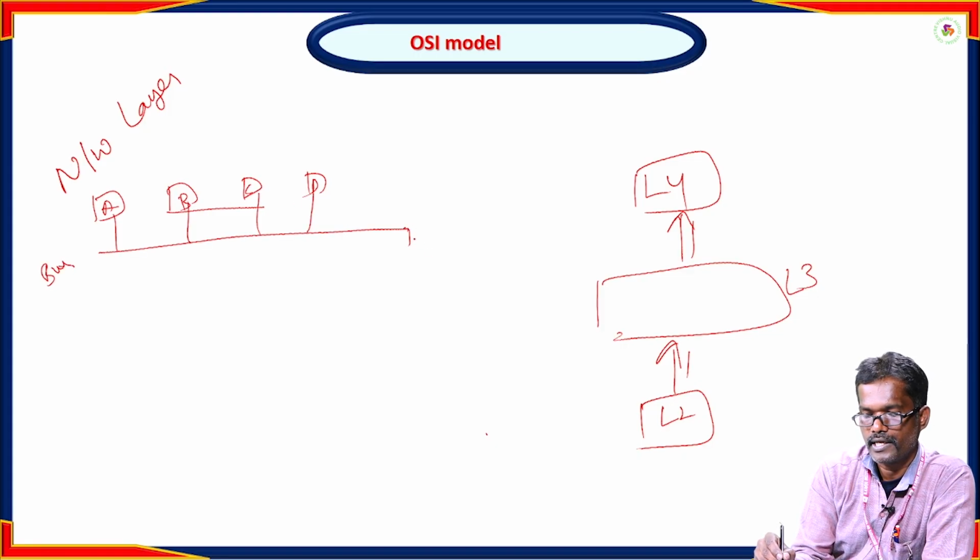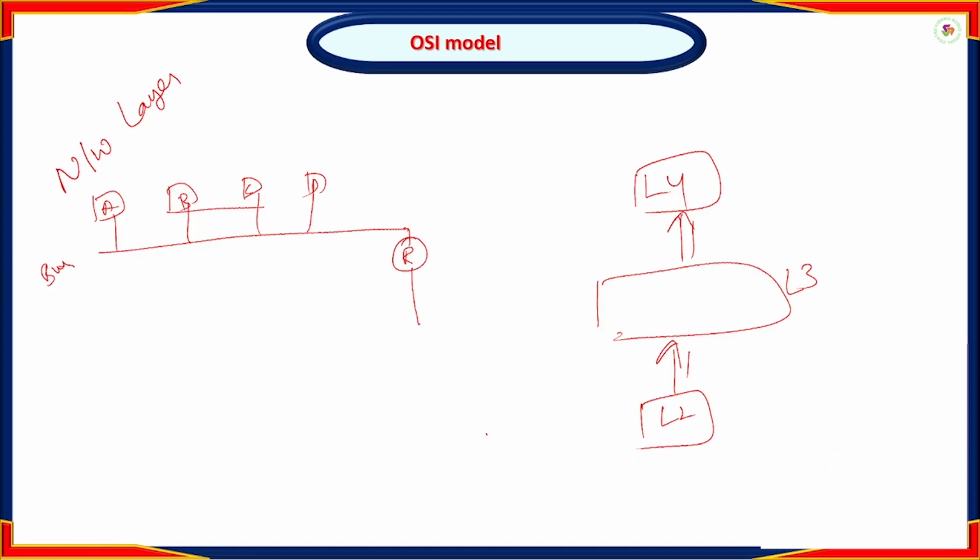Here we are having one router. This router is connected to different routers, and different networks will be there in between. Here one ring will be there, with C, D, E, F, G. This is a ring network, and from here another router will be there, which comes to another bus.